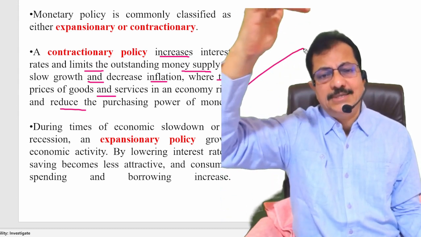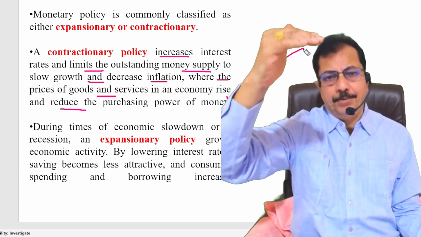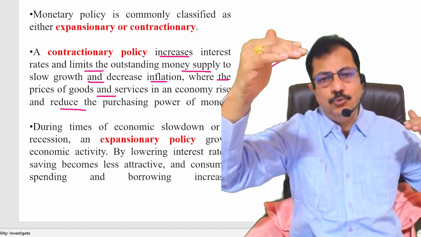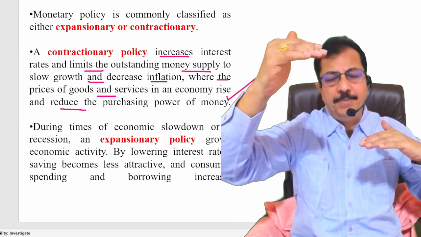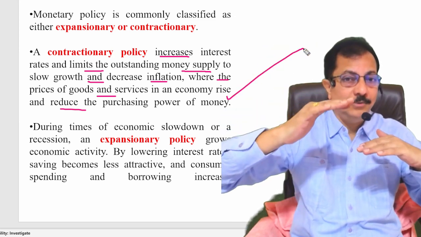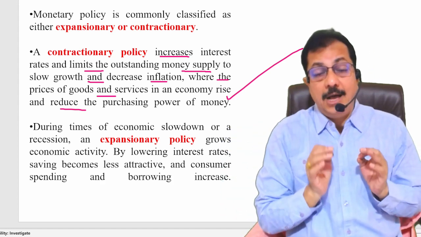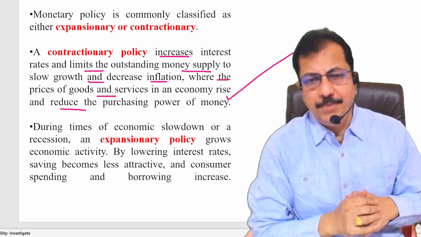Inflation will not sustain at the higher rates. You cannot sell a product at a very high price when there is low money, when there is no purchasing power. So then immediately, the inflation will come down. Am I clear? The inflation will come down, and that is how RBI will control the inflation, through contractionary policy.